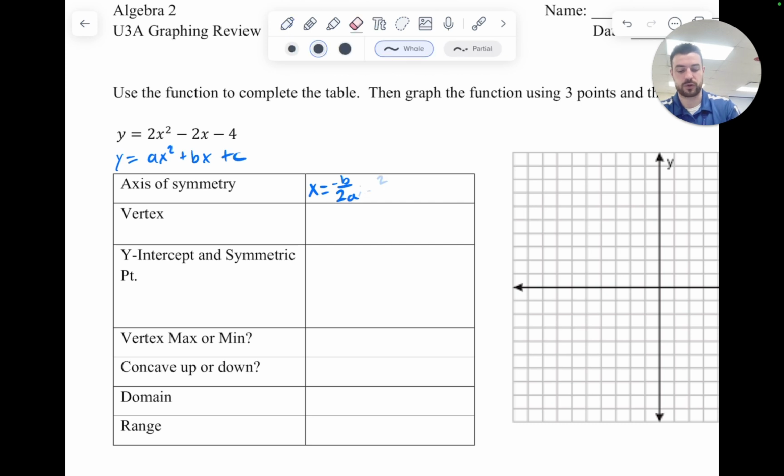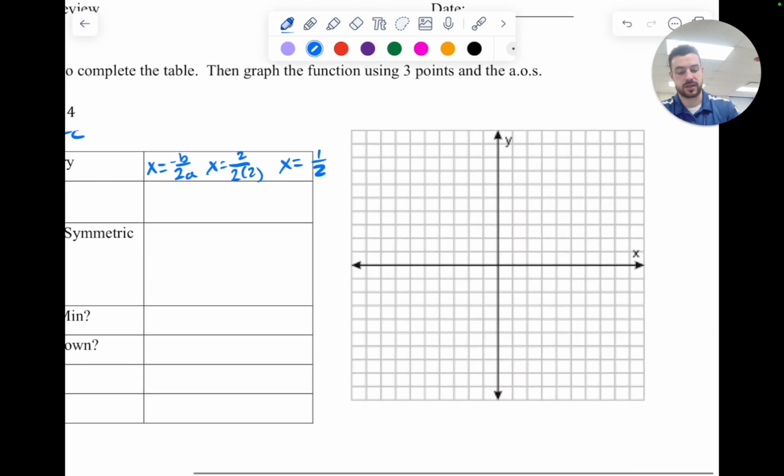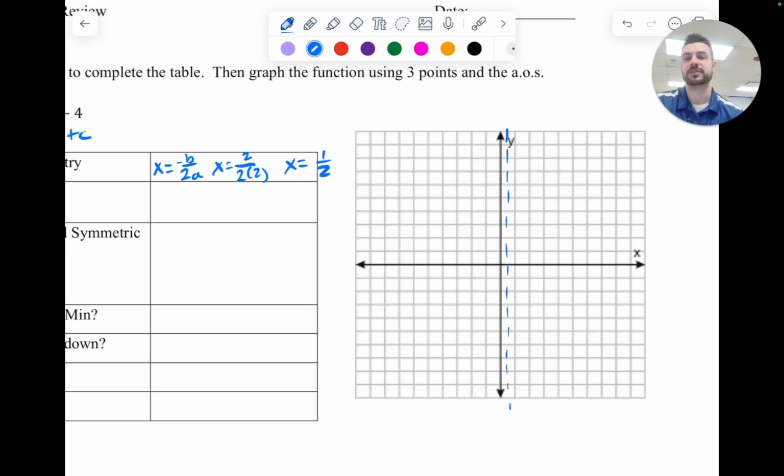So we have x equals positive 2 divided by 2 times my a value, which is also 2. So our x is going to be 1/2. So what that means is on 1/2 we have a vertical line that is going to be our axes of symmetry.